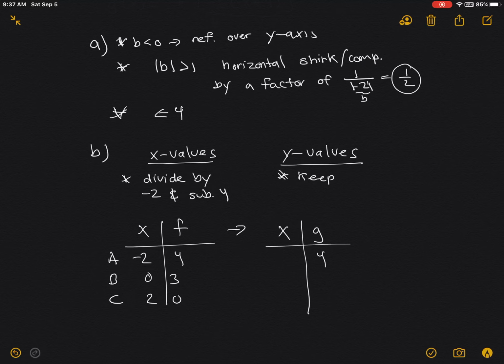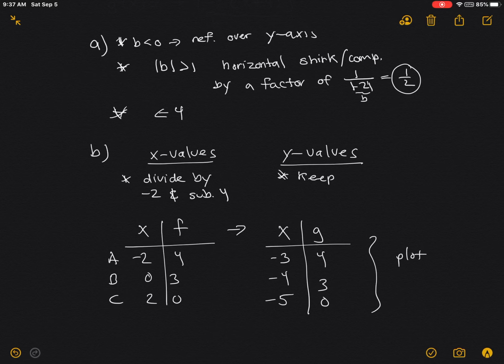All right, so the y values I'm going to keep, I'm just going to write 4, 3, 0. And the x values, perform the operation. Negative 2 divided by negative 2 is positive 1. Positive 1 subtract 4 is negative 3. 0 divided by negative 2 is 0. 0 subtract 4 is negative 4. 2 divided by negative 2 is negative 1. Negative 1 subtract 4 is negative 5.